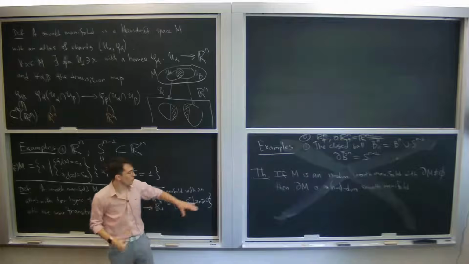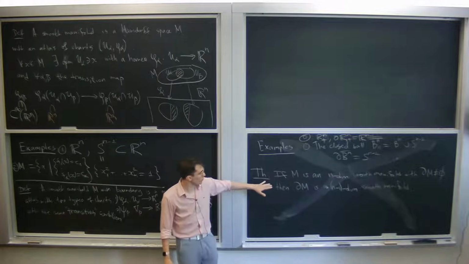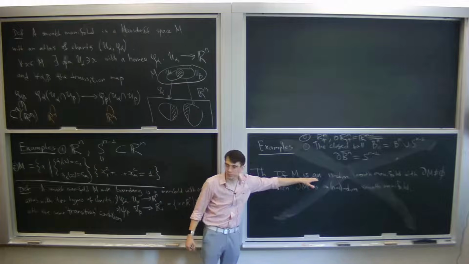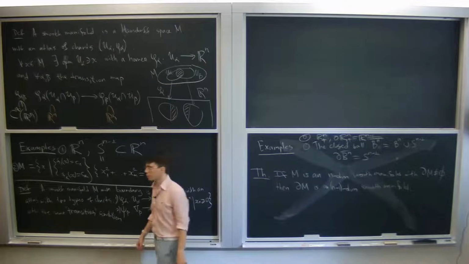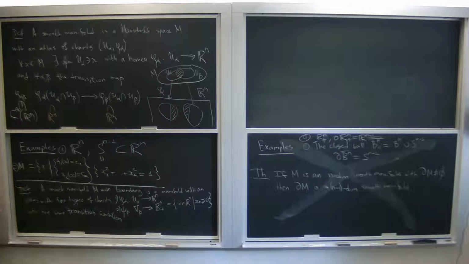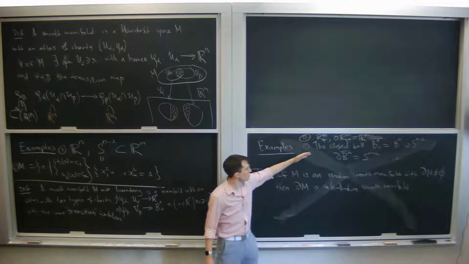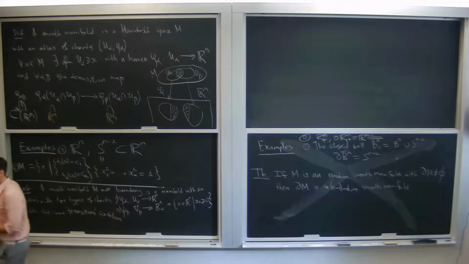Another interesting fact, which I will mention later, is that if it is an orientable manifold, then the orientation also passes to the boundary, right? So again, our example spheres Sn are pretty nice. The sphere itself is a manifold without boundary, right? Its boundary is empty.